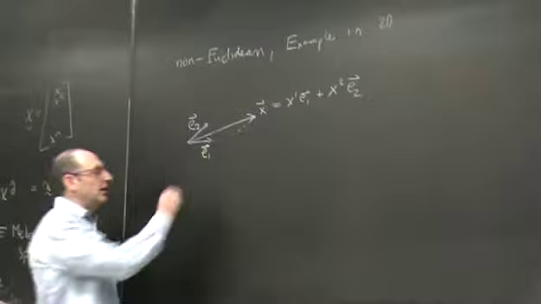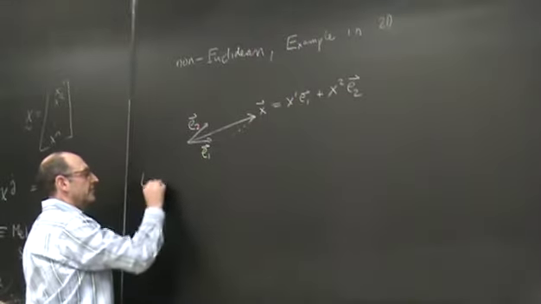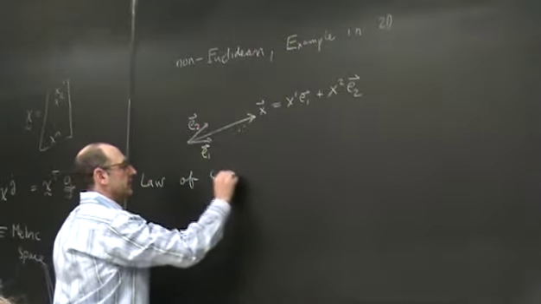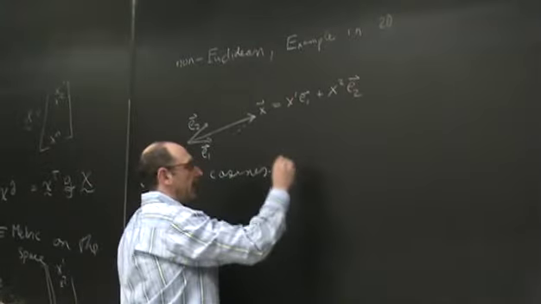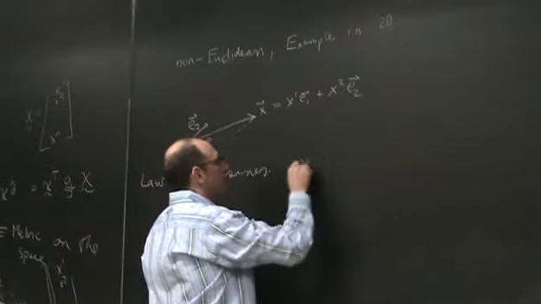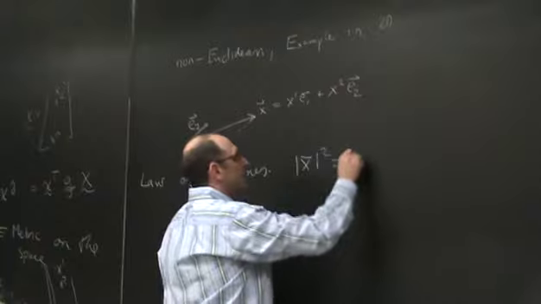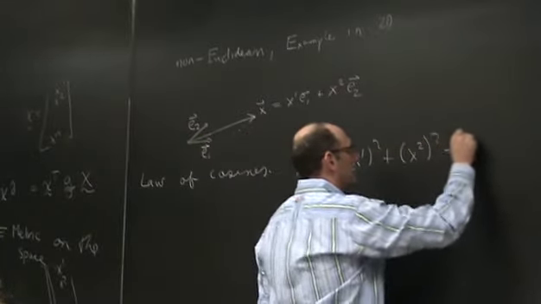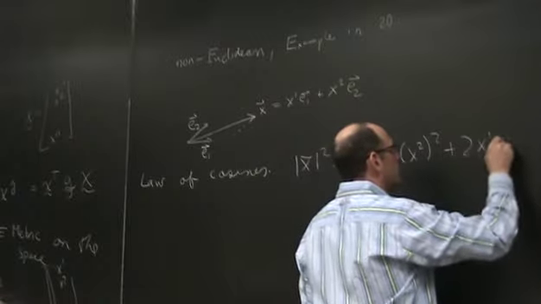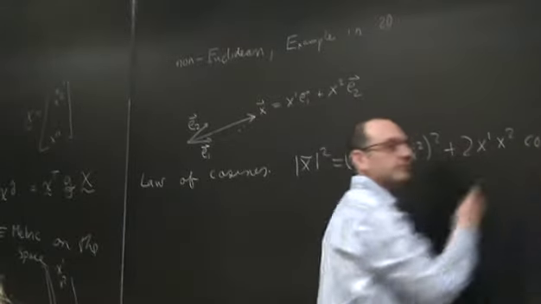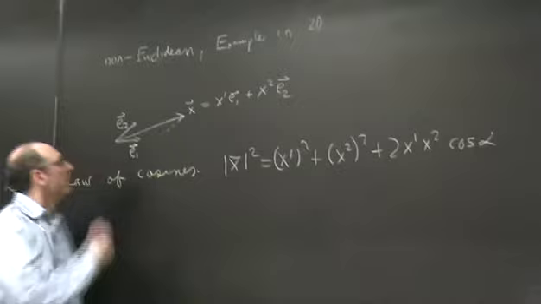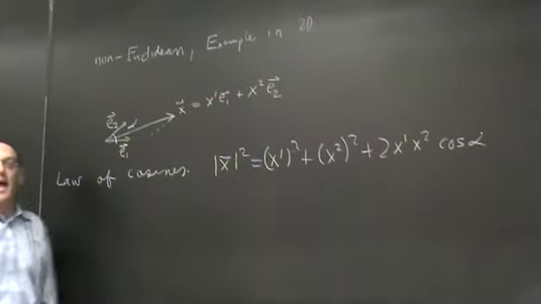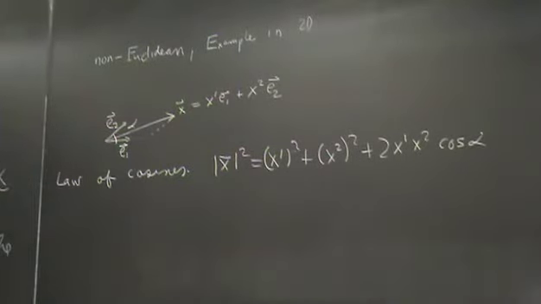In fact, we know from the law of cosines that the length squared of that is x1 squared plus x2 squared plus 2 x1 x2 cosine alpha. Right? Where alpha is the angle between those two basis vectors.